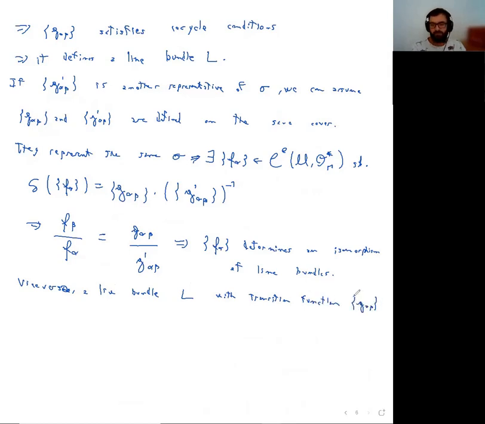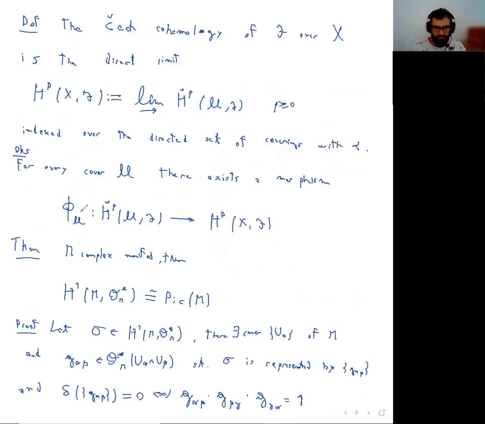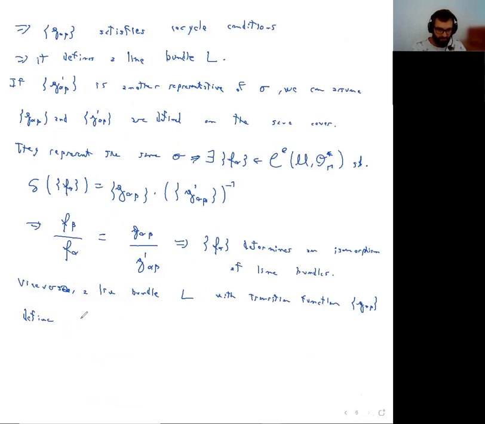So these transition functions live on some cover, but we know that every time, so we have this map, right? Every time you have an element here, you can always just map it to the cohomology. So this defines an element sigma in here.